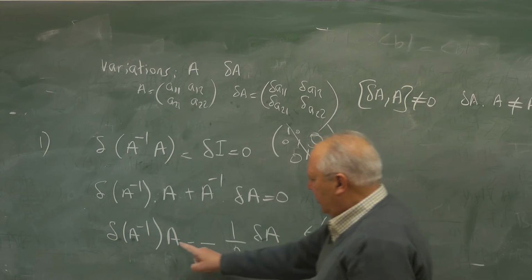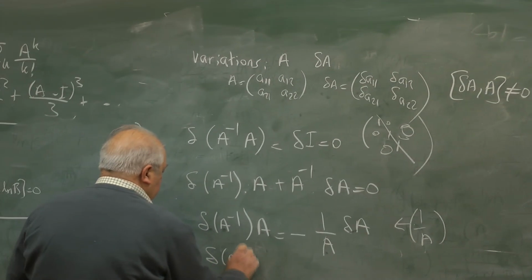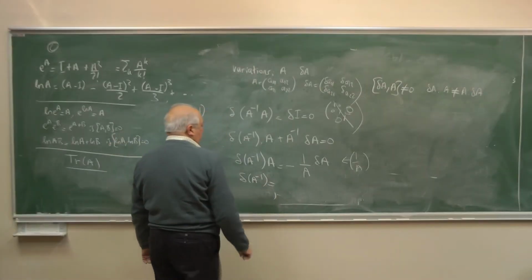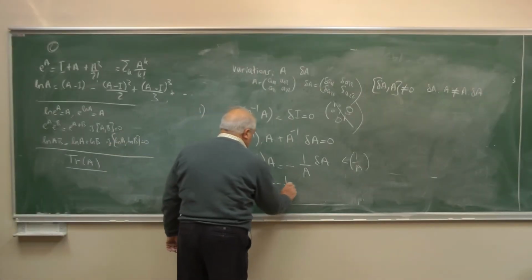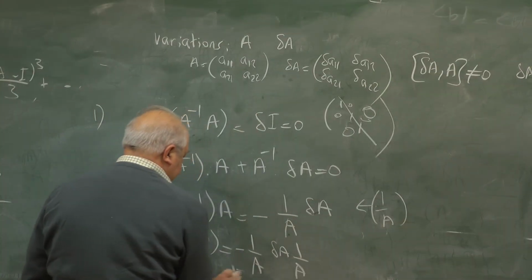This A inverse A, so delta A minus 1 is equal to minus 1 over A delta A 1 over A.